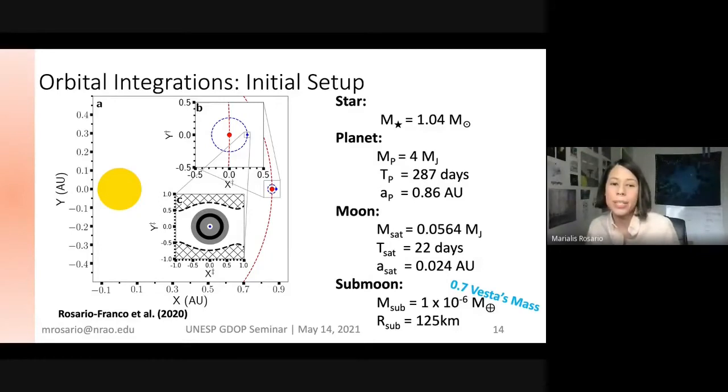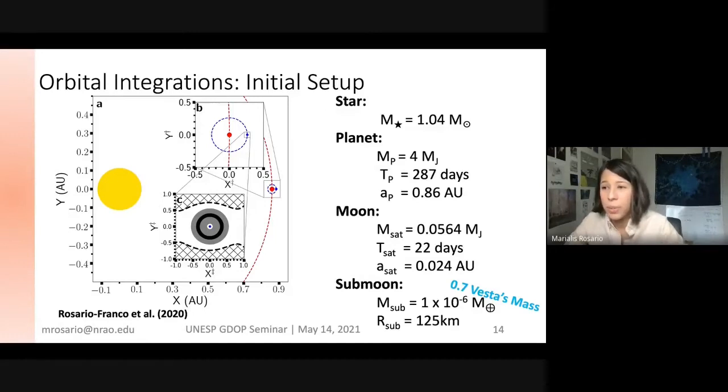And so what we see here on the left is the setup of my simulations. In panel A is the Sun, or a Sun-like star, and a Jupiter-like planet, which is in red.